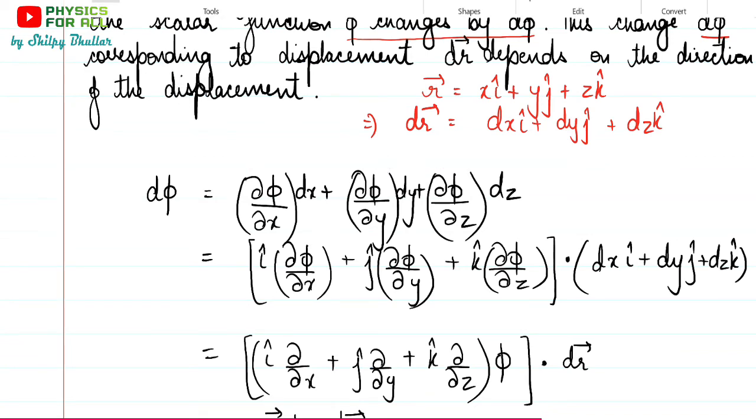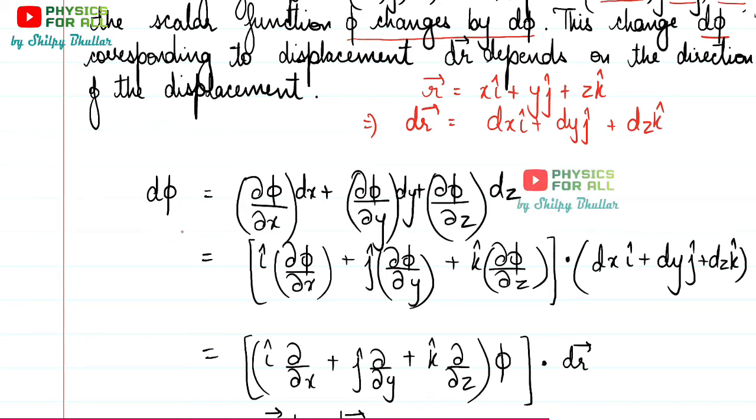If we had kept just ∂φ/∂x, ∂φ/∂y, and ∂φ/∂z, then we cannot say that the two sides are equal. But since we have multiplied, the ∂x, ∂y, ∂z cancel out and we are left with ∂φ, ∂φ, ∂φ, which would add up to give us the dφ. That is the simplest explanation.